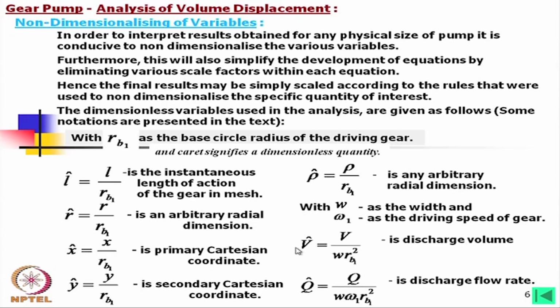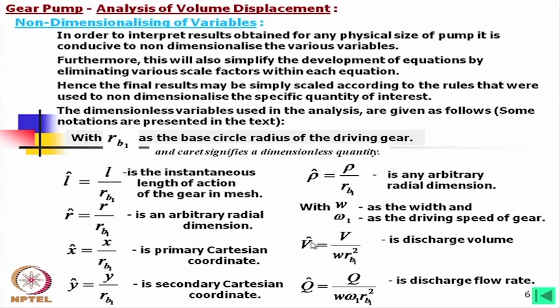This volume is the bulk discharge volume, divided by the width W, so the non-dimensional volume is per unit width. The area is divided simply by RB1 squared. So this volume is non-dimensionalized.